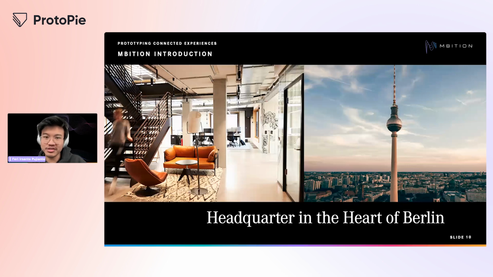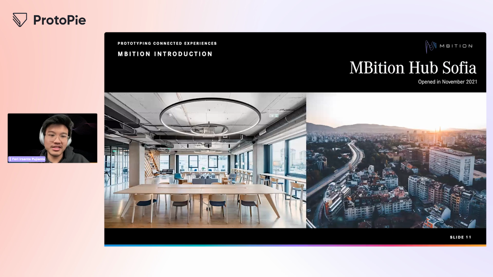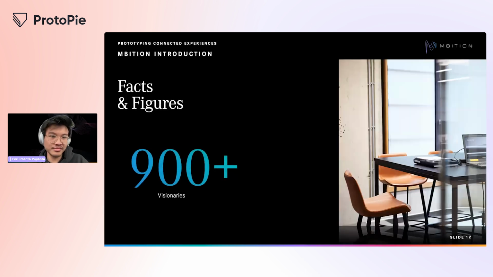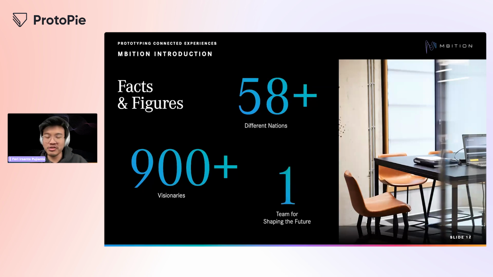MBition was founded in 2017 in Germany's capital city, Berlin. And since then, our headquarters is located there. And since November 2021, we have expanded our hub to Sofia, the capital city of Bulgaria. And altogether, in both locations, we have more than 900 employees of diverse nationalities.